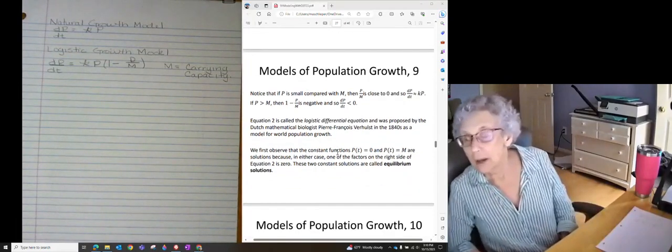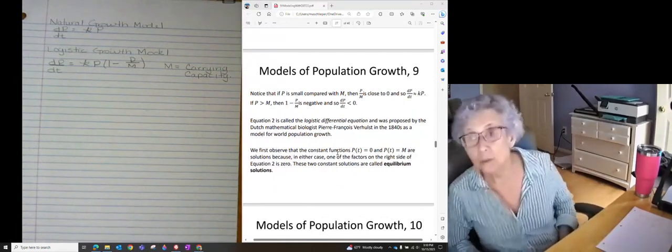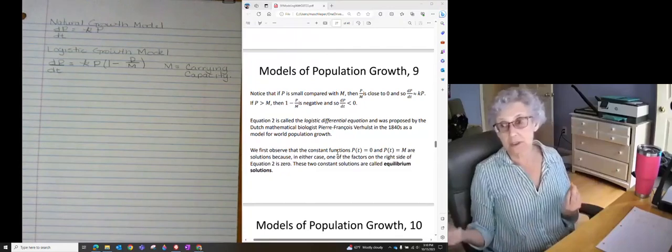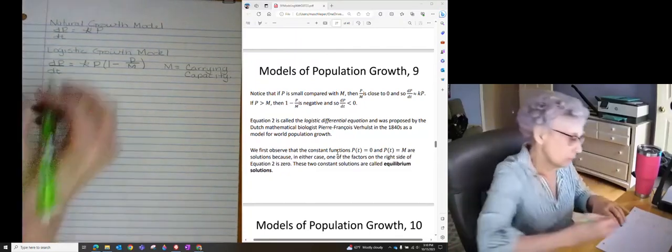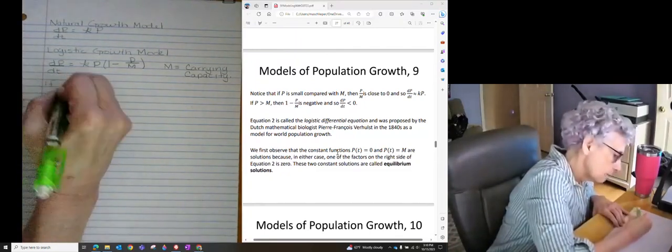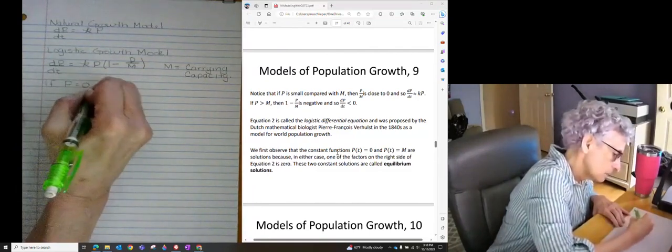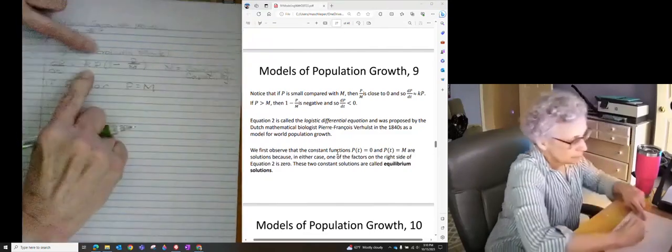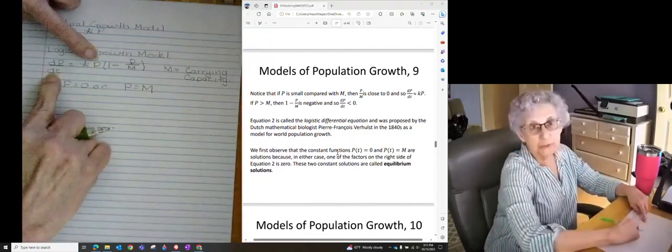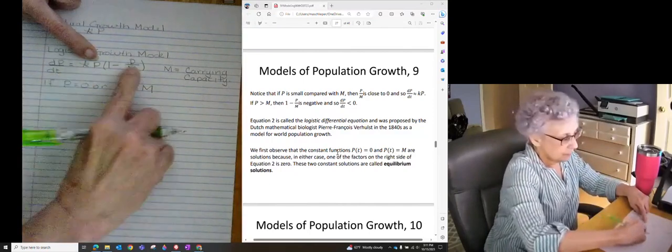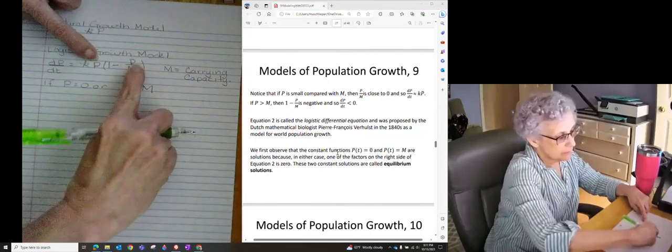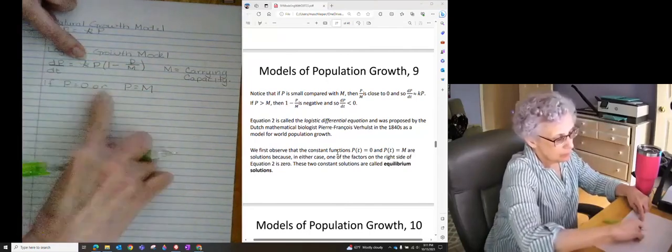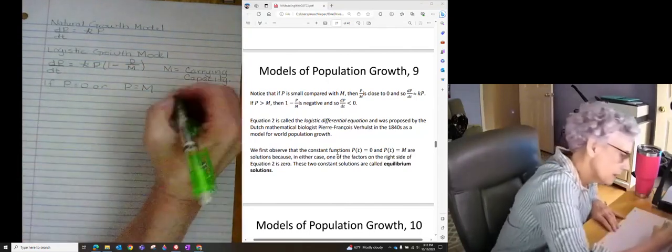Now, you have constant functions when the population is equal to 0 and the population is equal to M. So, if P equals 0 or P equals M: if P equals 0, the derivative is equal to 0. If P equals M, then you have M over M, so the derivative is equal to 0.